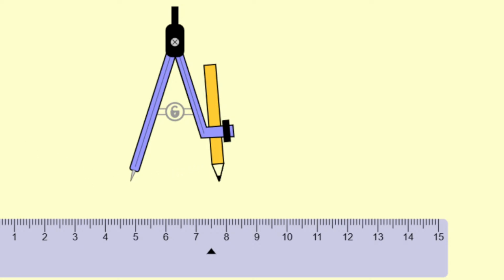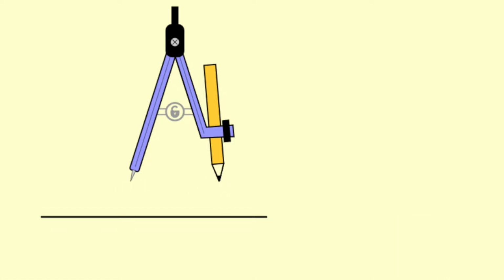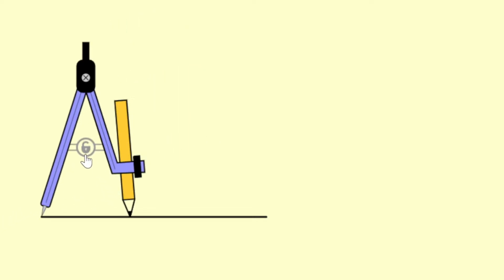So first of all, for drawing an angle of 60 degrees, you can draw any line. I am just going to teach. So draw a line of any measurement, like you can see, I have drawn one line with the help of a scale. The line can be of any measurement because I am just going to teach you how to draw an angle of 60 degrees. Then take the compass.